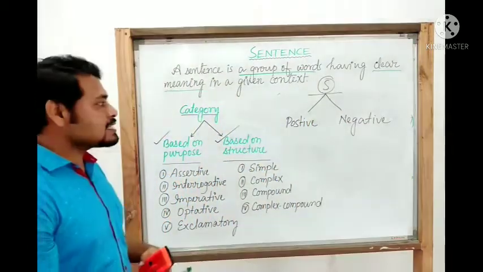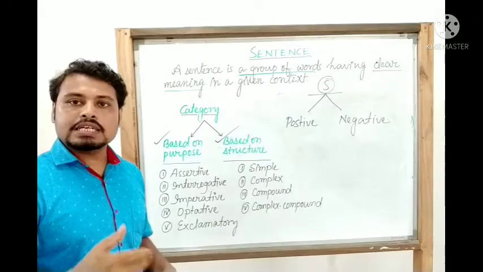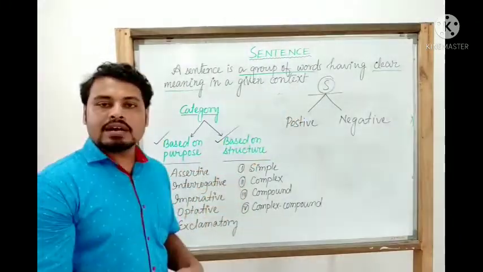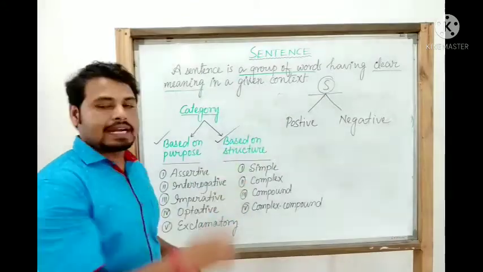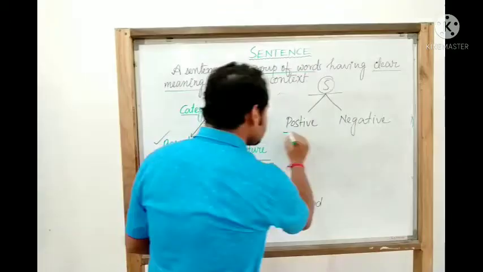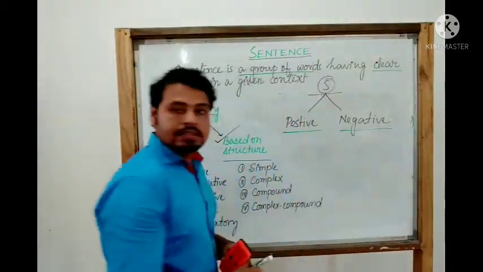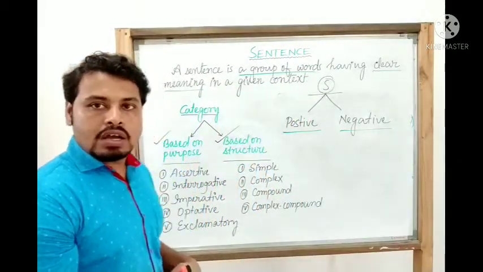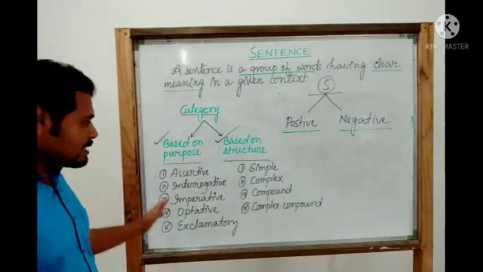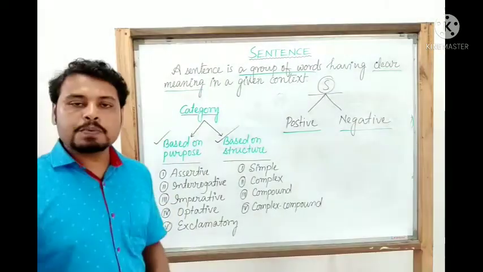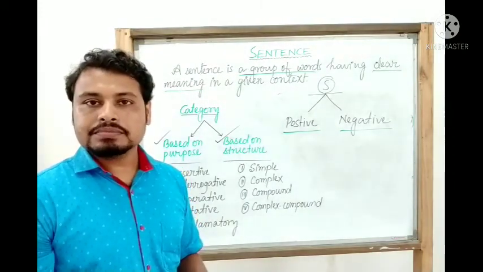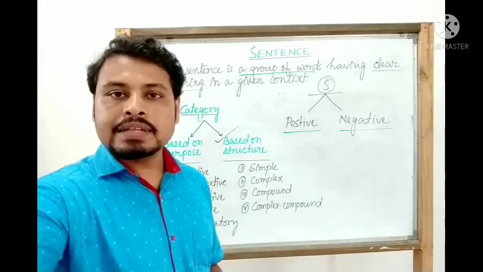So again a sentence can be divided into positive and negative, the positive implying positivity and the negative implying negativity. So altogether this is the sentence and its categories. Hopefully things are pretty clear. Hopefully it is understood. So that's all for today, and thank you.